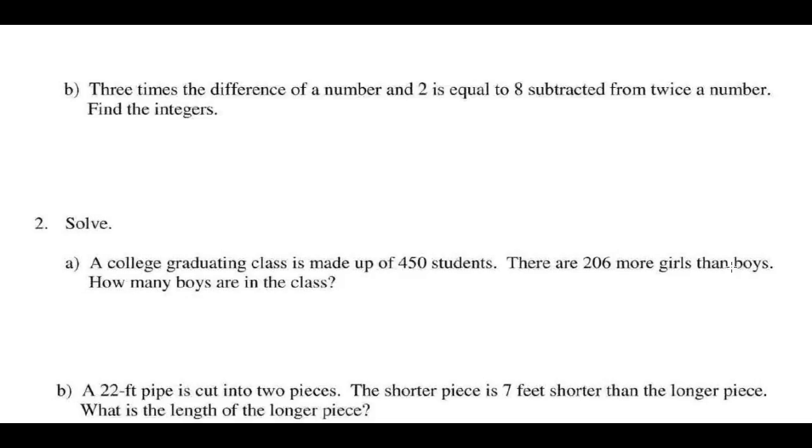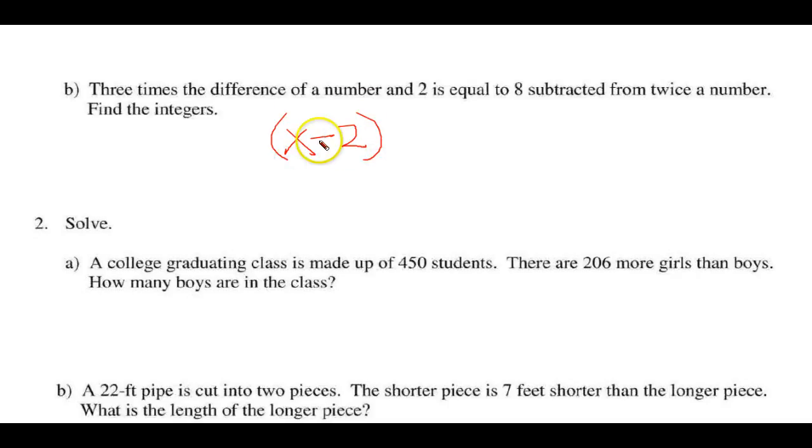Three times the difference of a number and 2. Well, in this case, again, we're going to use x for the number, but it's a difference here. So there's the number and 2.